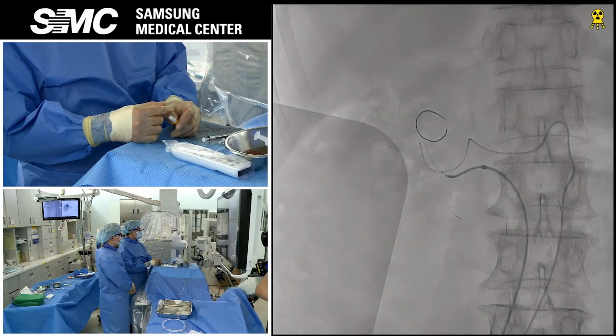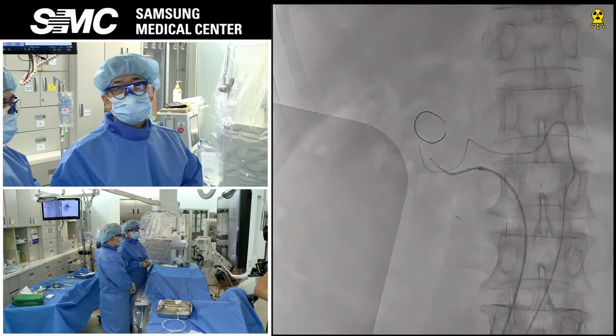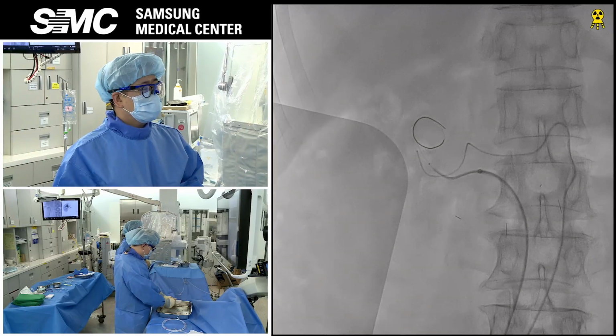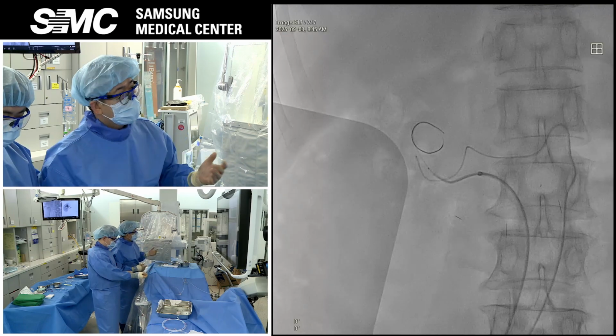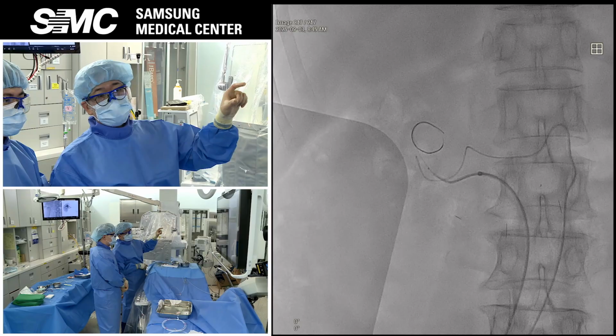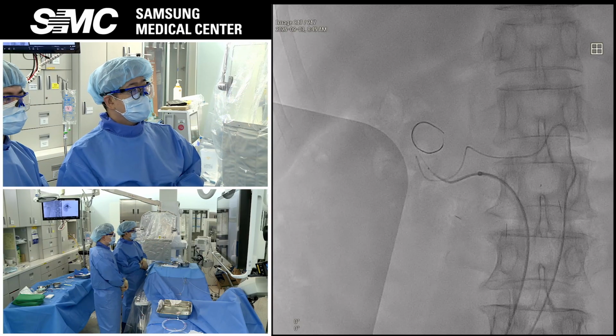As you can see, fortunately it was a very happy condition. We tried just once, and we got into the AVM nidus. Please measure the size of the loop of the micro wire.